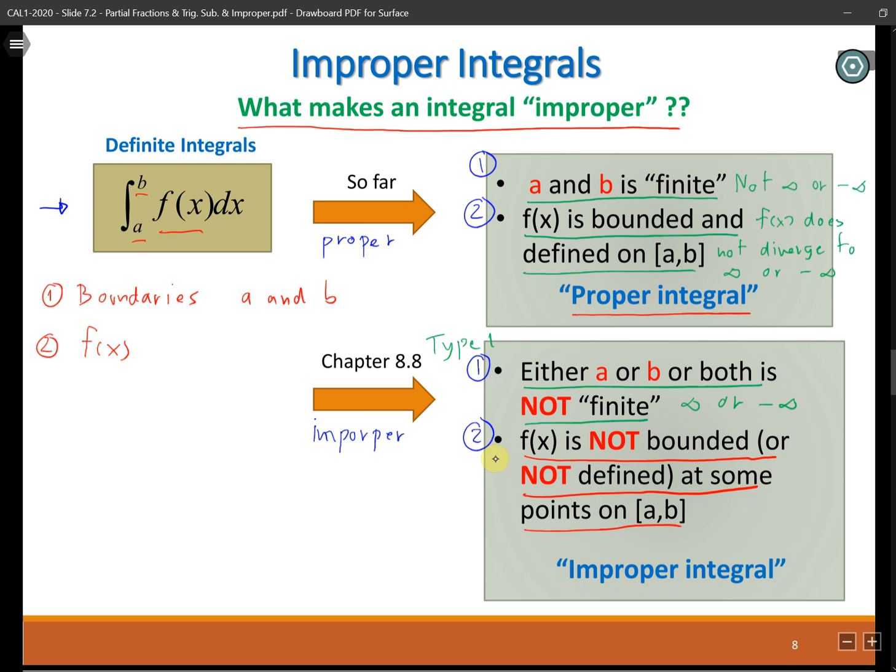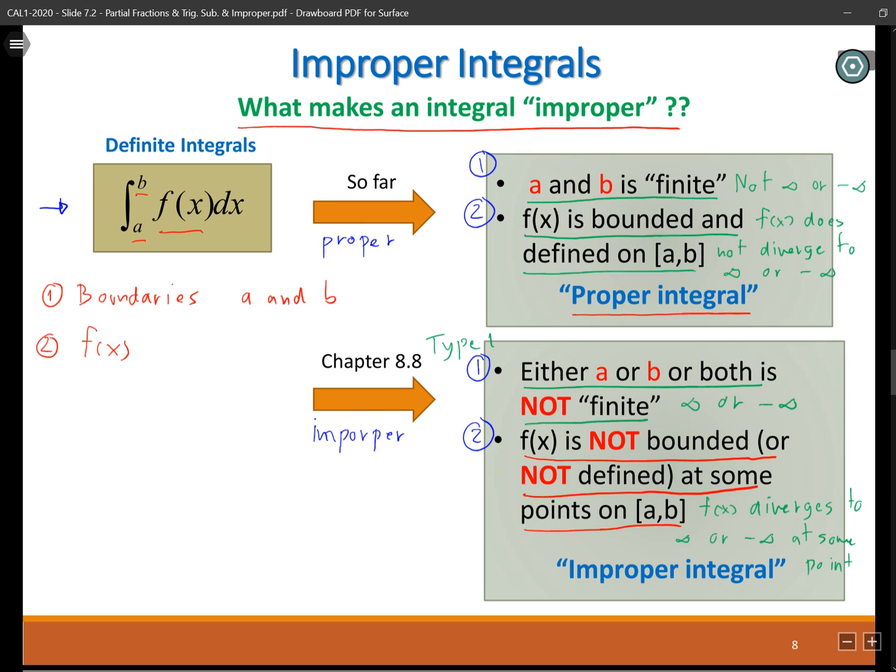You can say that f(x) diverges to infinity or minus infinity at some point over the range.